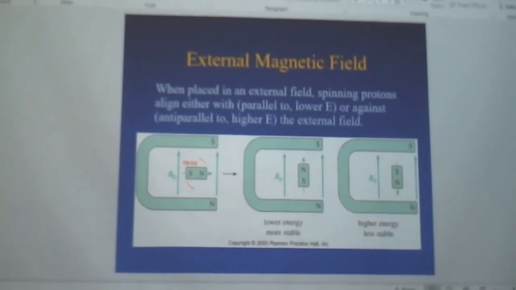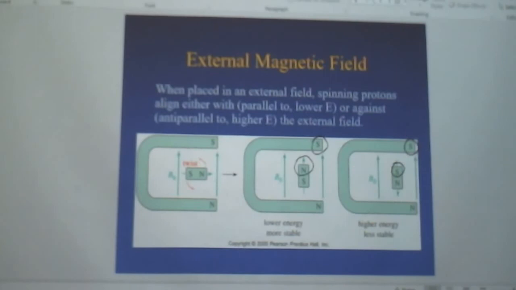So, when your north is aligned with your south on the outside magnet, that is a lower energy environment. That is the way it wants to be. If I try to put south with south, it's going to be a higher energy. I need to push them together.